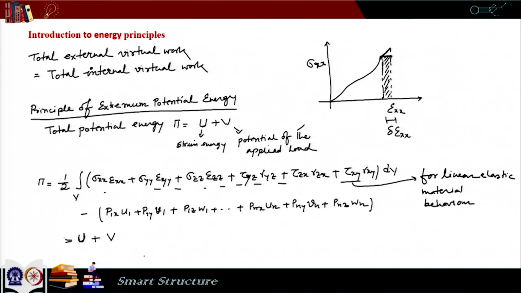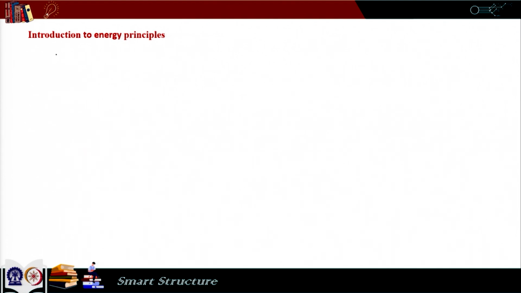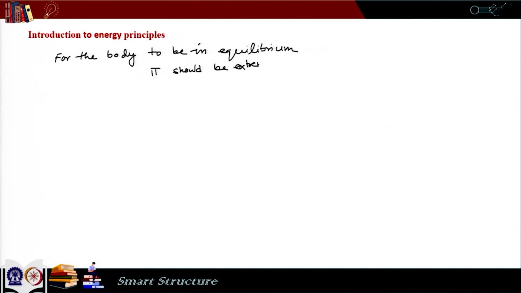Now, the principle says that for this to be in equilibrium, Pi should be an extremum, which means it should have either a minimum or a maximum, and that means the variation of Pi should be 0.